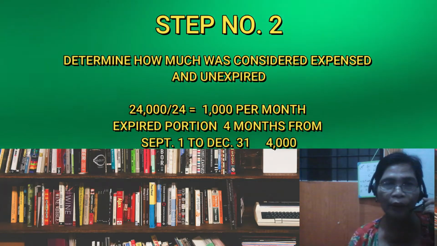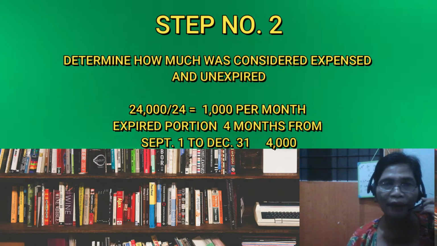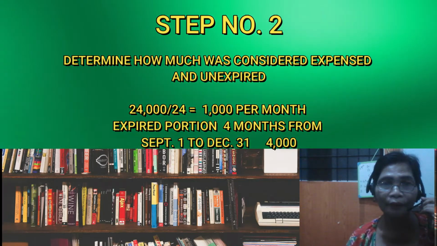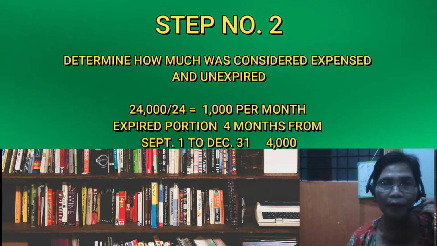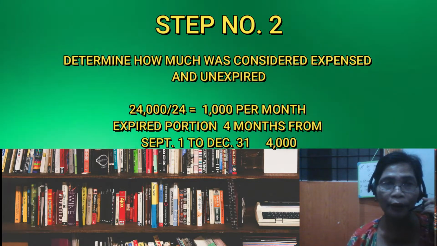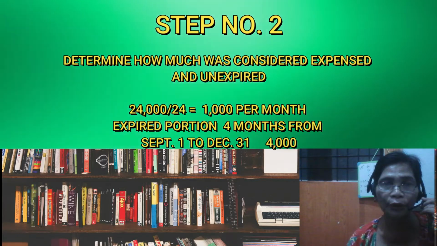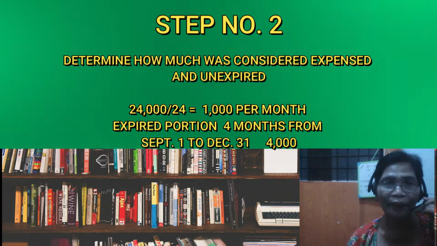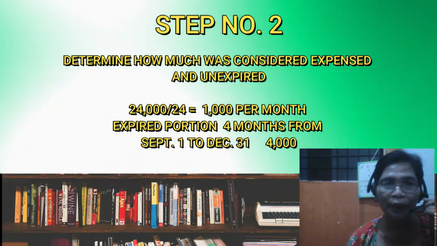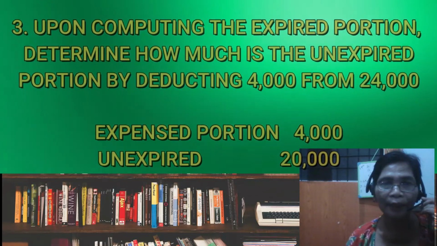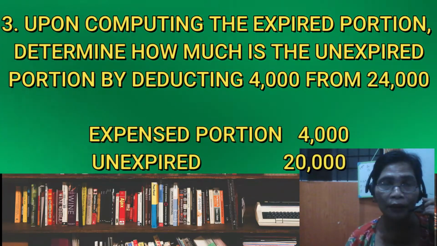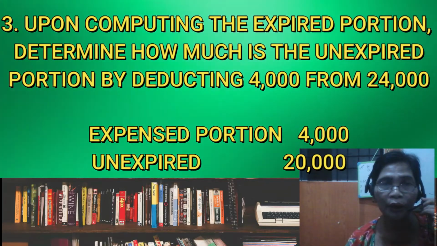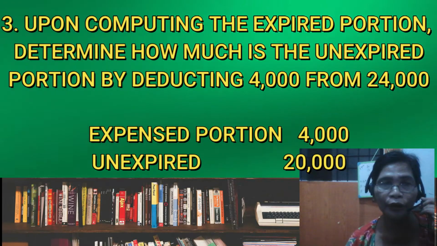From September 1 to December 31, that is 4 months times 1,000, so the expired portion of the insurance is 4,000. 24,000 minus 4,000 expired insurance, the prepaid insurance balance at the end of December 31, 2019 is supposed to be only 20,000. In step three, you make a summary: the expired portion is 4,000, the unexpired portion is 20,000.